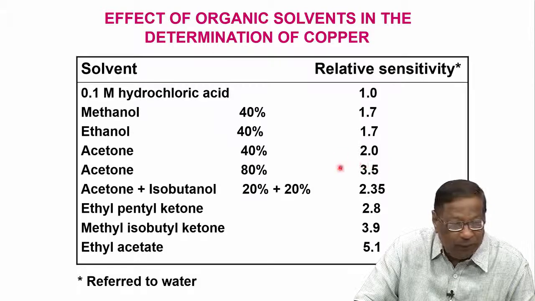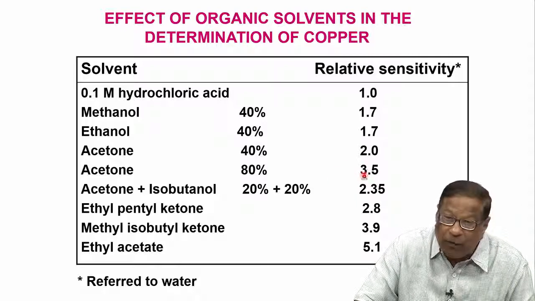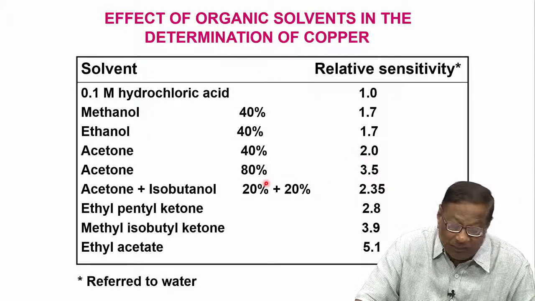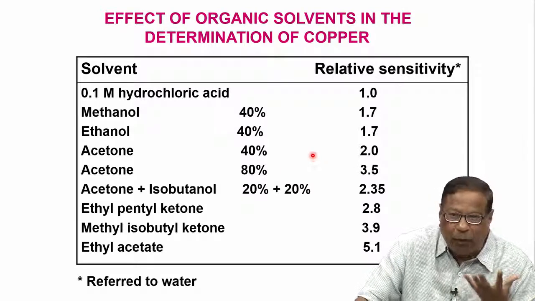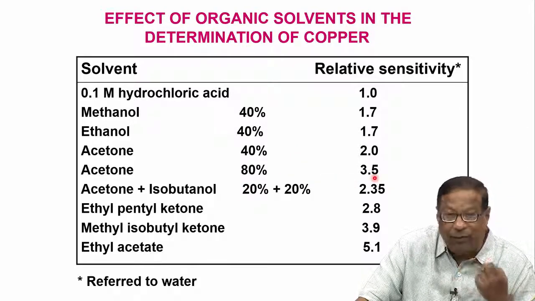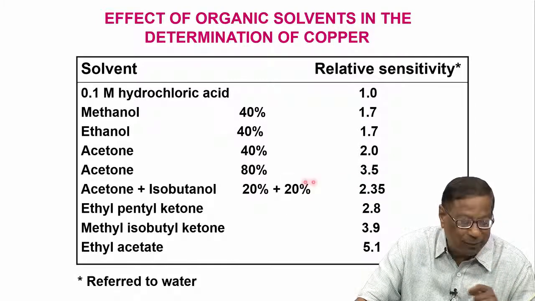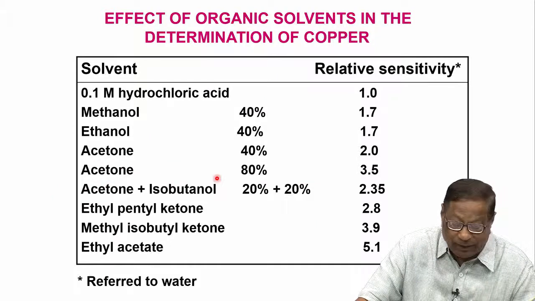I have the absorbance 3.5 times. So, you can feel the power of organic solvents in atomic absorption. That means 3.5 times lower concentrations can be determined in atomic absorption if I use acetone.